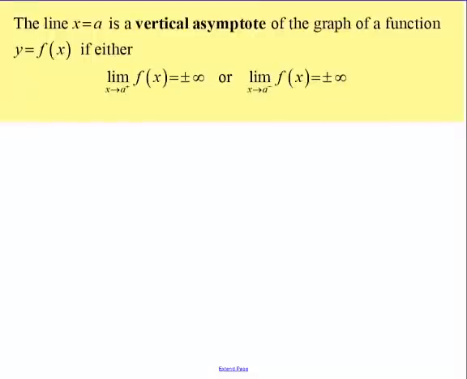Now, vertical asymptotes. Vertical asymptotes of a function are when, instead of x going to infinity, you're going to a certain x value, but your y is going to positive or negative infinity. So the function is getting infinitely big or infinitely small as you're approaching a specific x value.